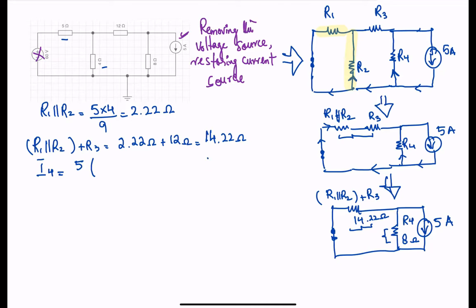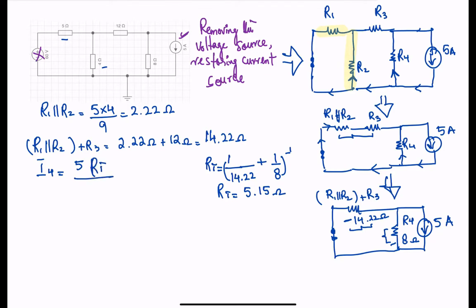The total resistance is 1 over 14.22 plus 1 over 8, and then the inverse of the whole thing. If I do the math, RT comes out to approximately 5.15 ohms.